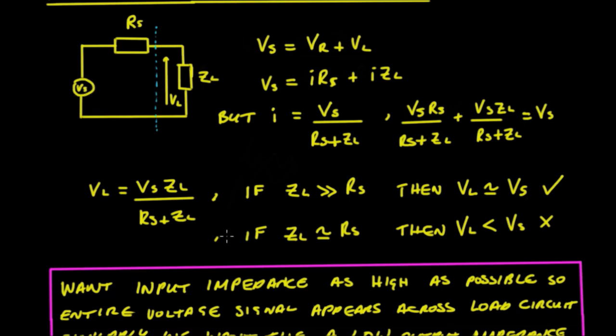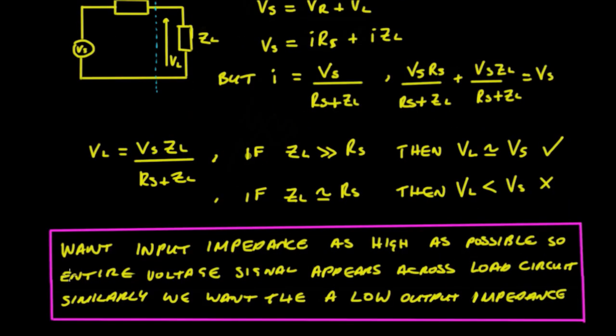Now if it was the other way around, if ZL was comparable to Rs, then the voltage across this load resistor is going to be less than the voltage Vs, because a lot of it will be dropped across this other resistor Rs, so we don't really want that.